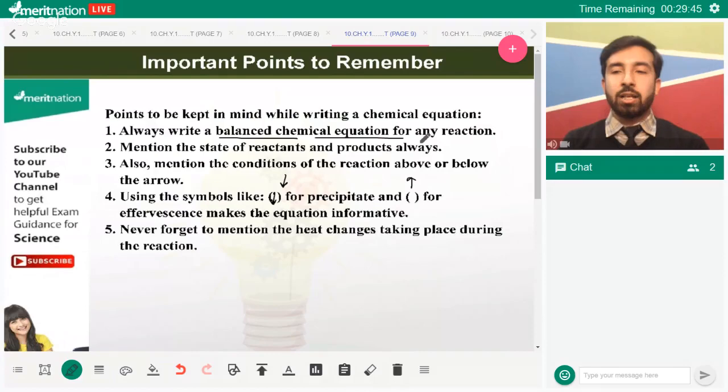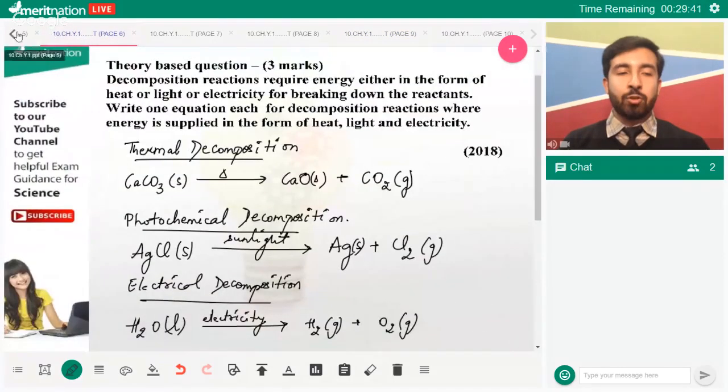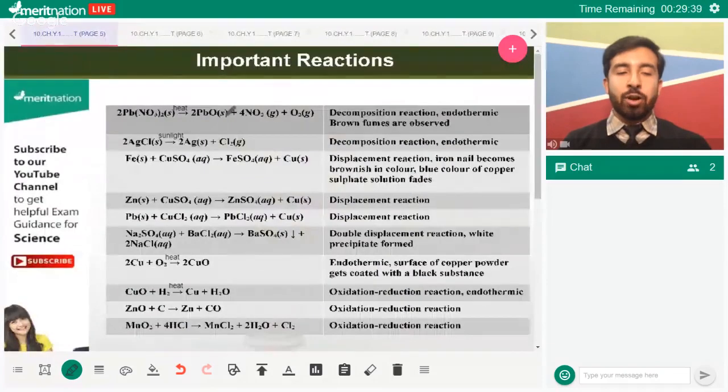Let me give you an example of a reaction which is already mentioned over there. This is the first reaction which is mentioned. By these numbers, you can understand that this reaction is balanced. In the brackets, you have mentioned solid, liquid, or gases; these states signify in which state the substances are present.